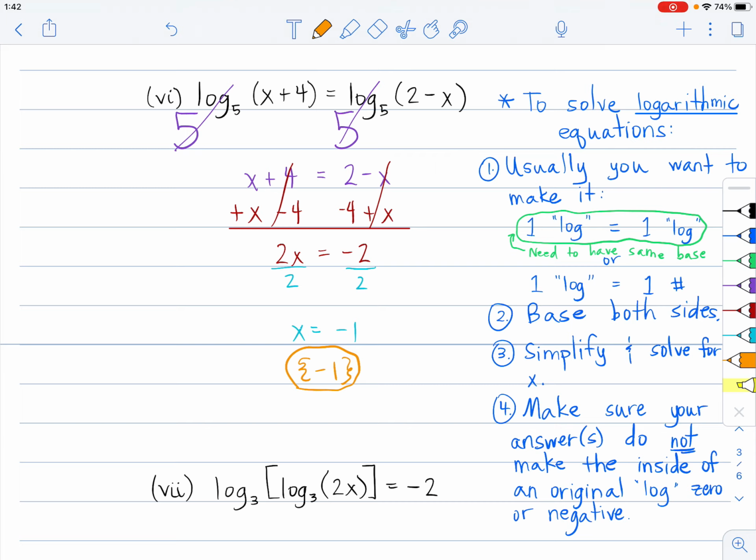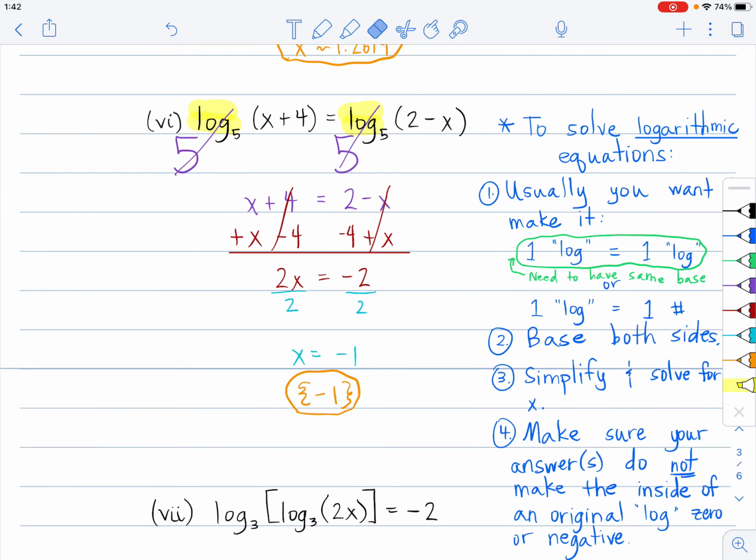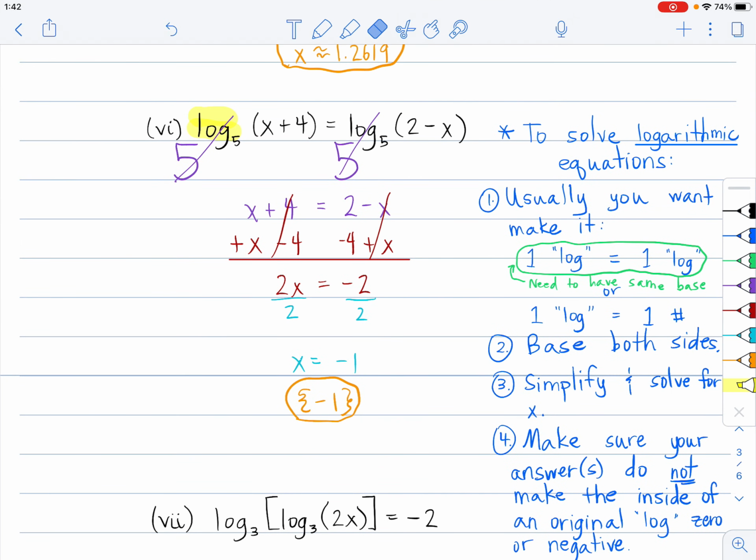Okay, now, 2 things that I want to point out. Logarithmic equations are much easier to spot. Why? Because they have a log or an ln. Much easier to spot compared to an exponential equation where x is trapped up in the exponent. The other thing is that there are less cases. We want 1 log equal to 1 log or 1 log equal to 1 number.